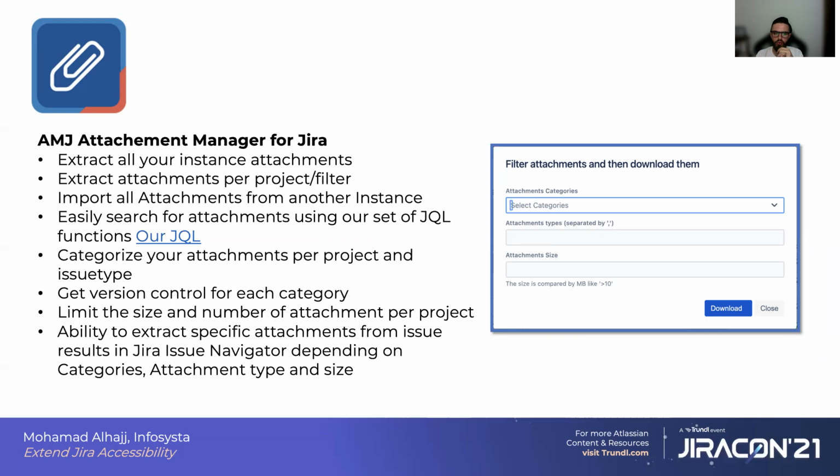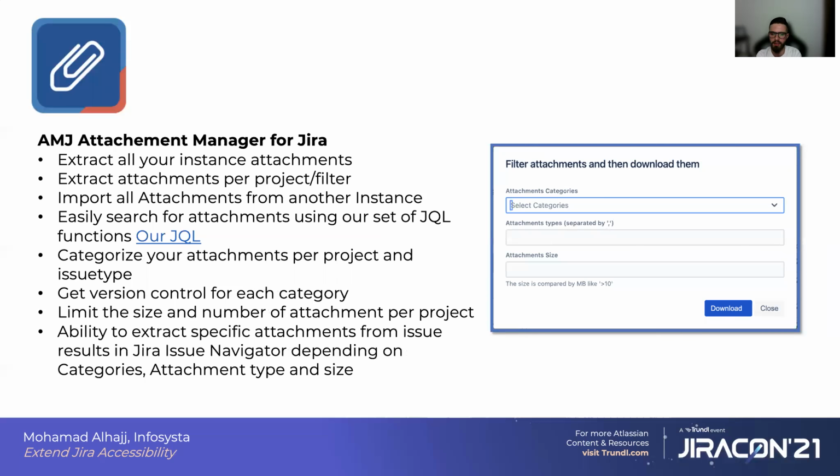You can easily search for attachments using our set of JQL functions. Now, this is a key feature in the product. For example, in the built-in JQL, there isn't any JQL that provides searching through attachments. Let's say, for example, you need to search for the design tickets in the Mobile for Jira project and for the attachment that is of type XD.